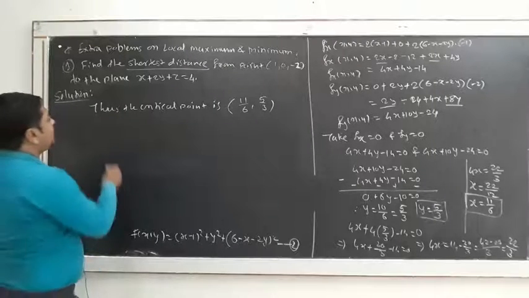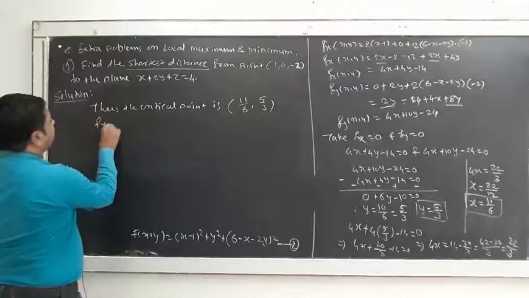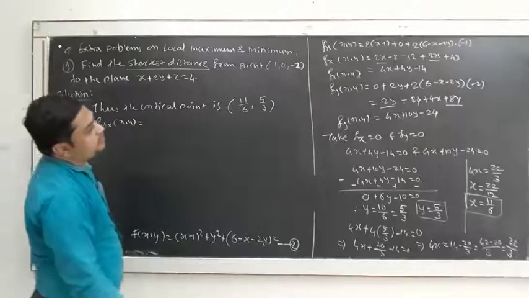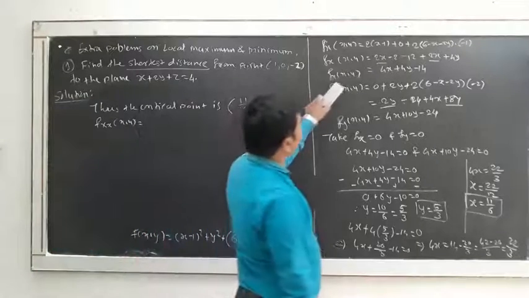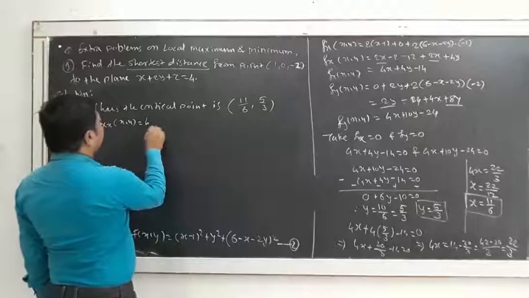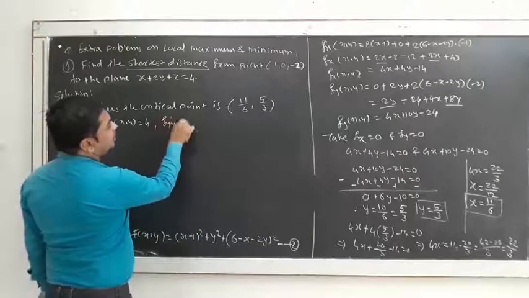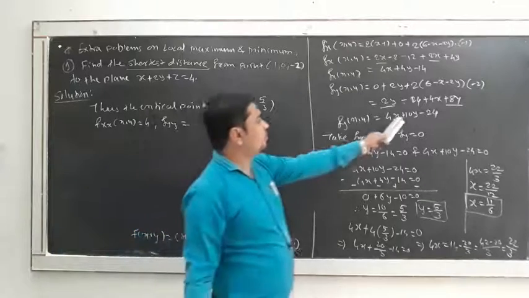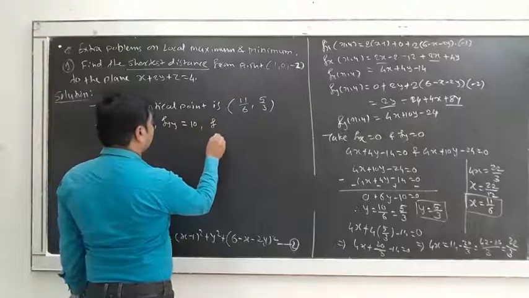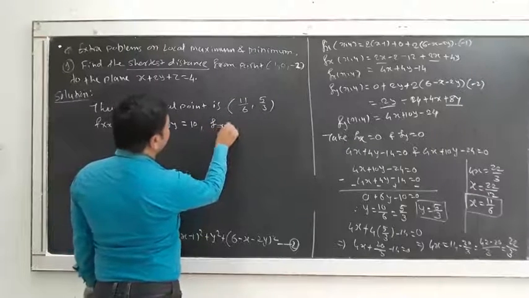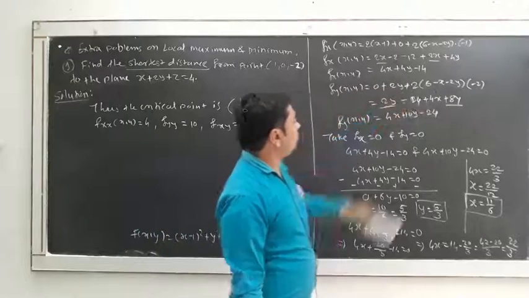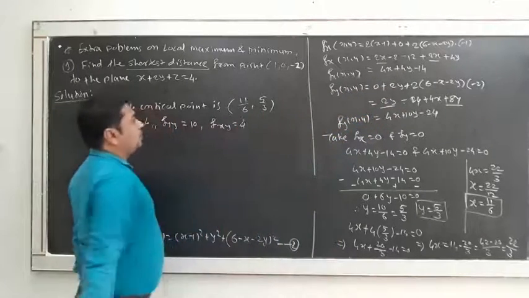So for this we must find fxx. fxx is equal to what? This is our fx, so fxx should be 4. And fyy is equal to what? It should be 10 only. And then fxy, what should be our fxy? fxy is again 4.